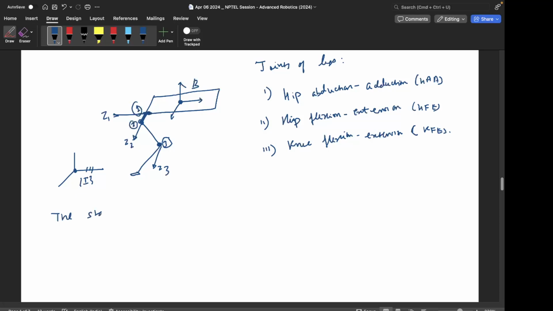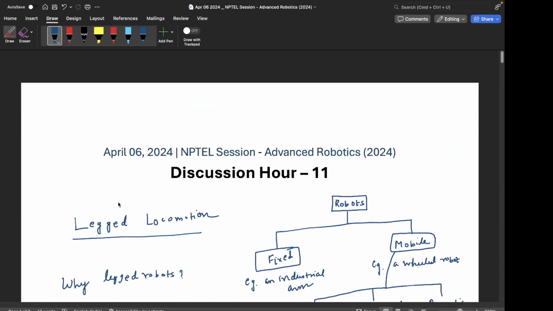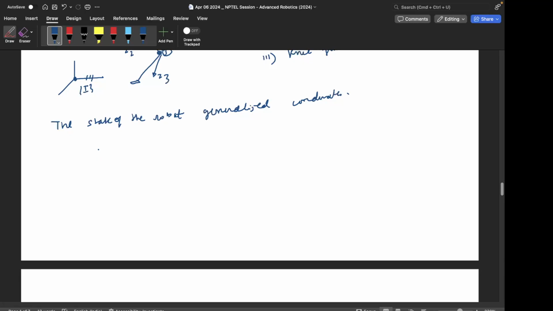The state of the robot: for any system we define the generalized coordinates, which describe all the degrees of freedom. So for an 18-degree-of-freedom robot, it is 3 positions of the torso, 3 orientations of the torso, and 12 joint angles.